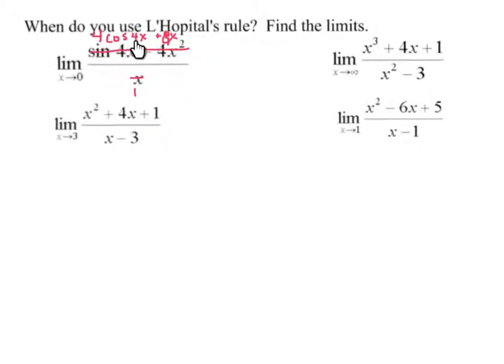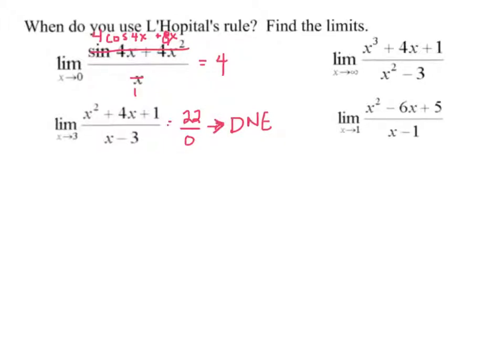So I get 4 plus 0 over 1. The limit is 4. This next one, I plug in 3, I get 9 plus 12 plus 1. That's 22 over 0. That's not one you can use L'Hopital's rule for, but this tells me that there's an asymptote there, so the limit does not exist.